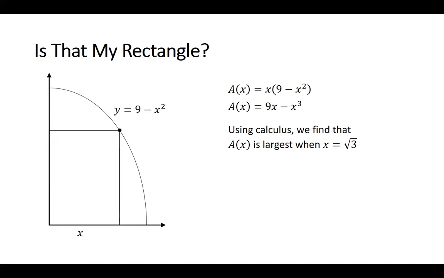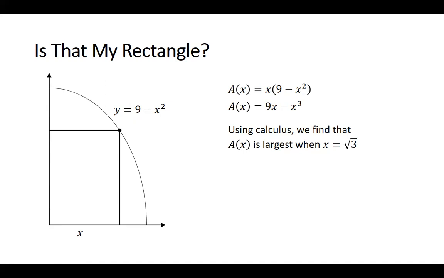We have technology. Using technology, I can graph y equals 9 minus x squared, but that's not enough; I'd still have to work my way through a whole bunch of things. Well, you can also tell your technology to find the maximum value of that function. If you have a graphing calculator, you can have it find the maximum value of a function that you enter.